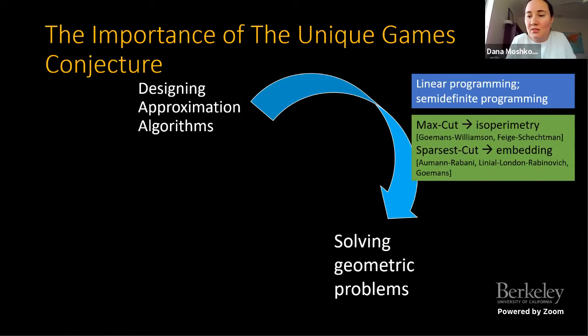And this was a very successful paradigm. If you wanted to solve maxcut, it actually led to questions about isoperimetry. If you wanted to approximate sparsest cut, it actually led to questions about embedding. So somehow classical problems in combinatorial optimization led to classical problems in geometry and led to beautiful algorithms.